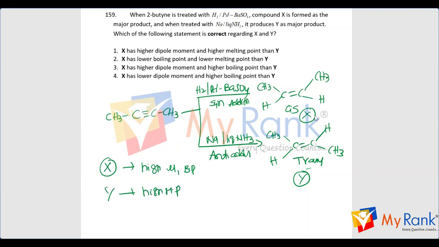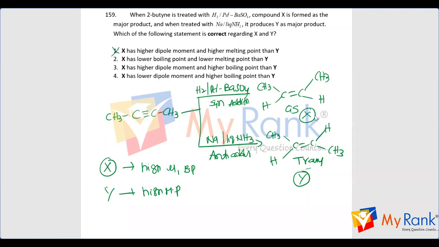So the first one is not the correct one.